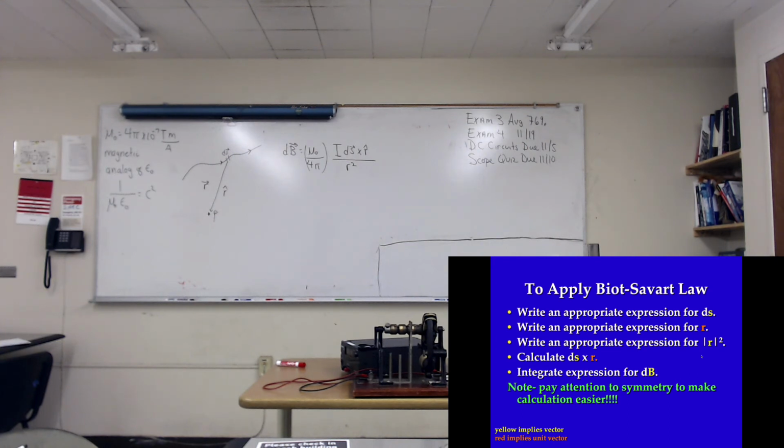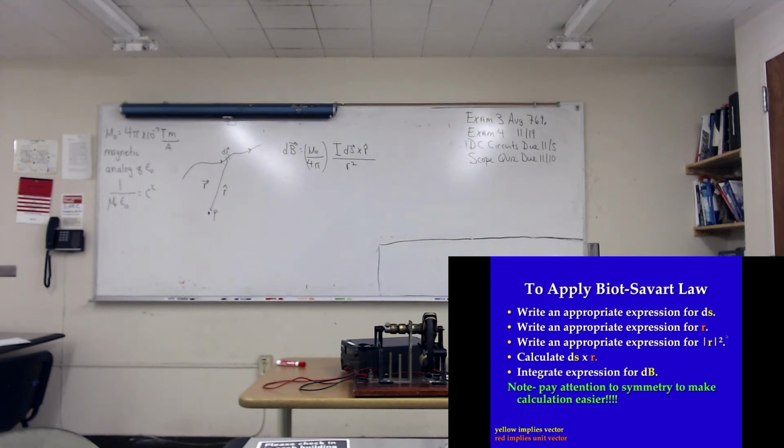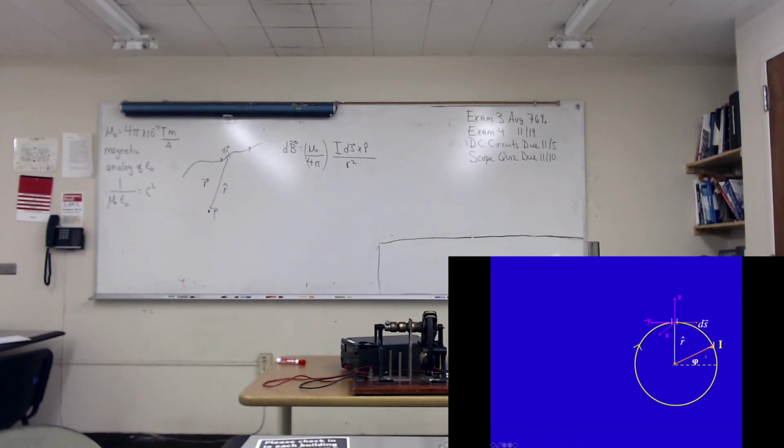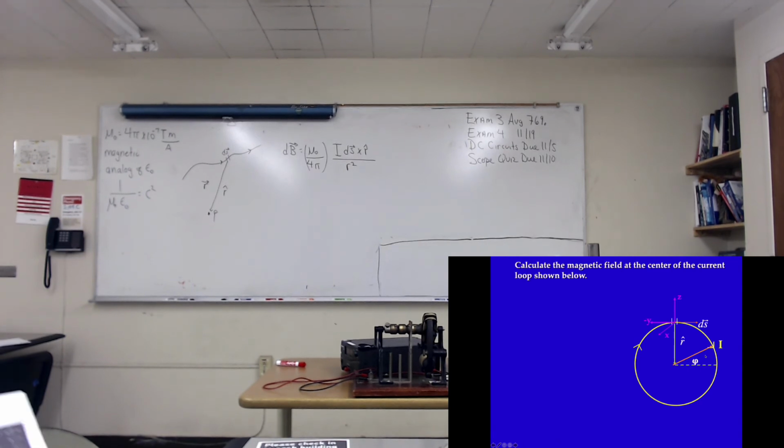Some of the problems in the chapter really are too simple for you to see how you use the Biot-Savart law, because some of them you can just memorize things and just apply it. By the way, this example is really easy and I can do this really fast, but I want to spend time going over it.